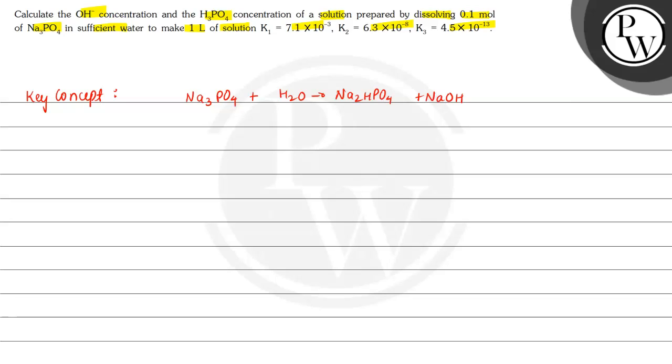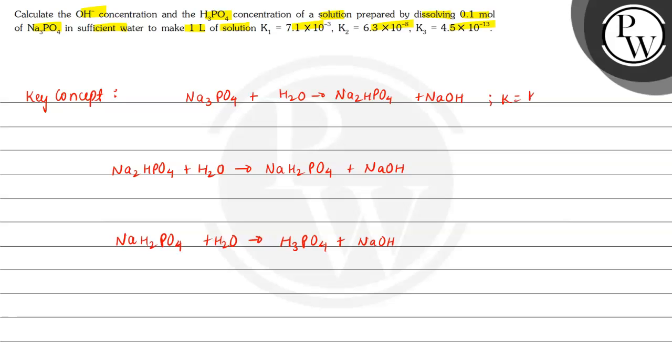For the next part, Na2HPO4 on reaction with water gives NaH2PO4 plus NaOH, and for the last reaction, NaH2PO4 on reaction with H2O results in H3PO4 plus NaOH. So the value of K in this case will be equal to Kw divided by K3.